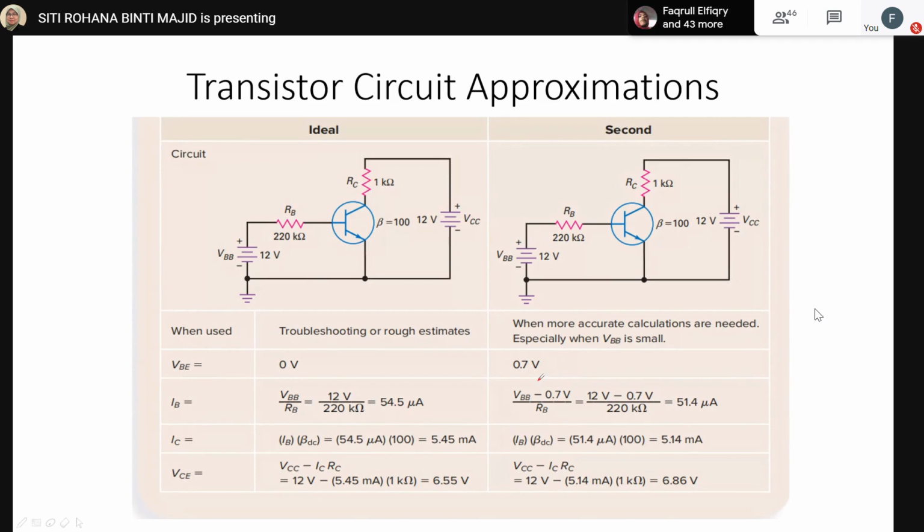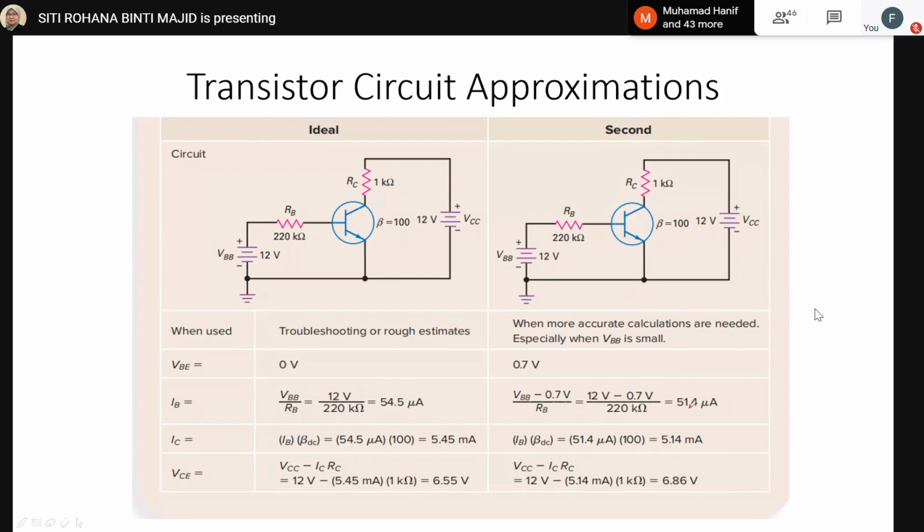To calculate IB, for the ideal type we no need to deduct the contribution of VBE on, but for the practical one we need to include this value, so the resultant voltage across the resistor is, for example, 12 volt minus 0.7 volt for VBE on. Then you can see the value is in the same range, but the number is different.